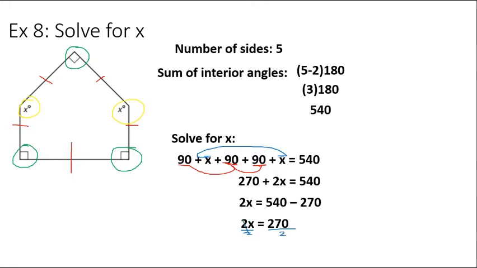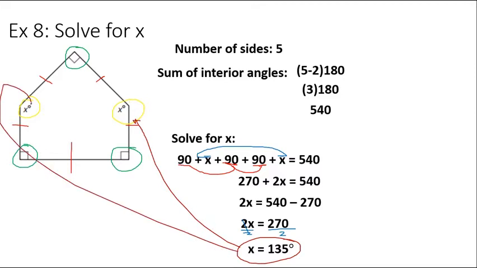And what that gives me is a value of x equals 135 degrees. Okay, so that means this angle right here is 135. And then this angle is also 135.